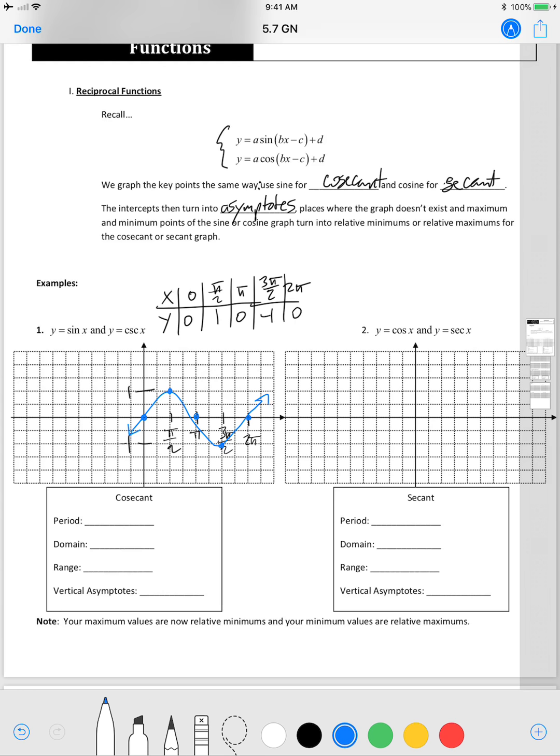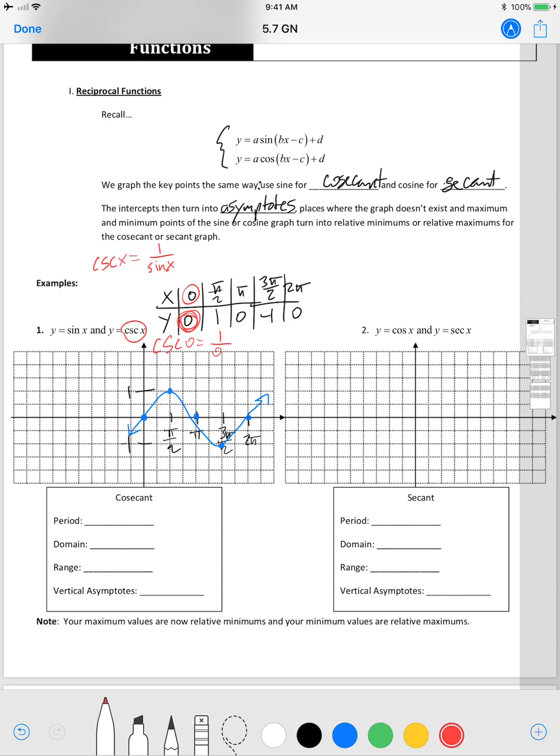And now let's ask ourselves, what is happening for the cosecant? So cosecant of x, we know, is the reciprocal of sine. That's equal to 1 over the sine of x. So let's plug in these numbers. At x equals 0, cosecant is 1 over, I'm plugging in 0 here, 1 over the sine, which is 0.